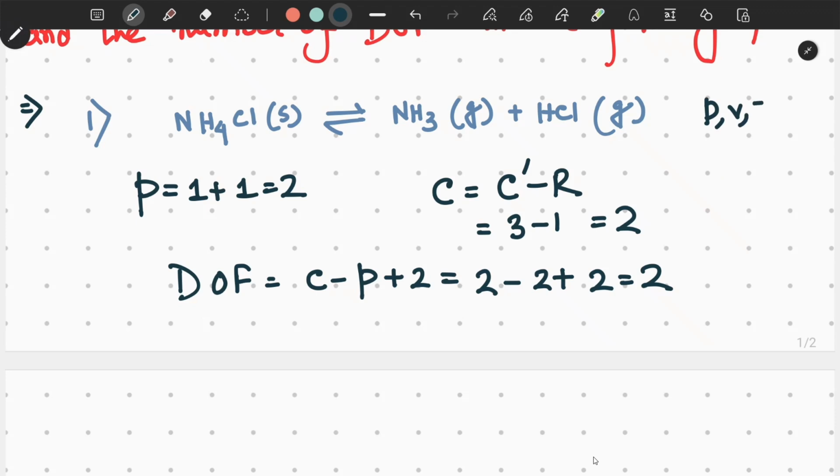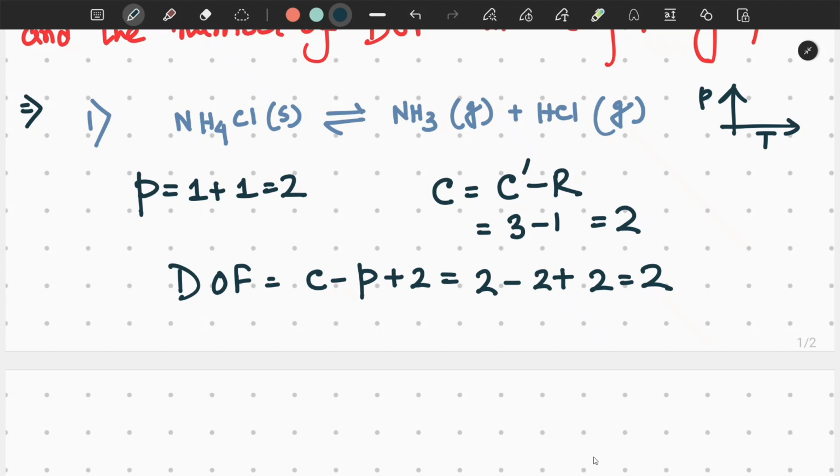P, V, T. But in case of phase diagram, we actually discussed the PT plot, PT diagram, right? So here pressure and temperature. So for having this reaction, that equilibrium, you can choose any arbitrary pressure and temperature. There is no restriction. Only two, pressure and temperature. Degrees of freedom are two.